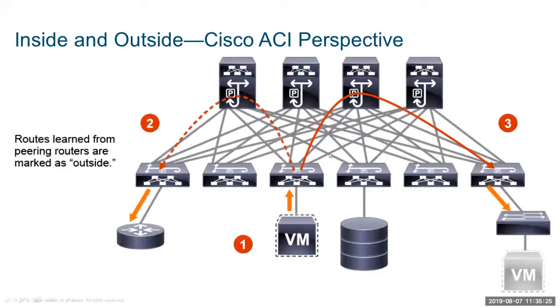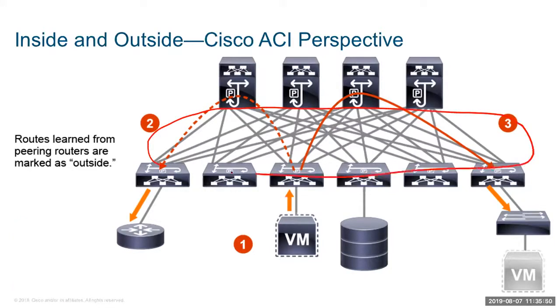Very crucial to understand this term, inside and outside. Inside refers to all your spine switches, your leaf switches, your APIC controllers, all those gray fabric connections, all of these fabric connections.